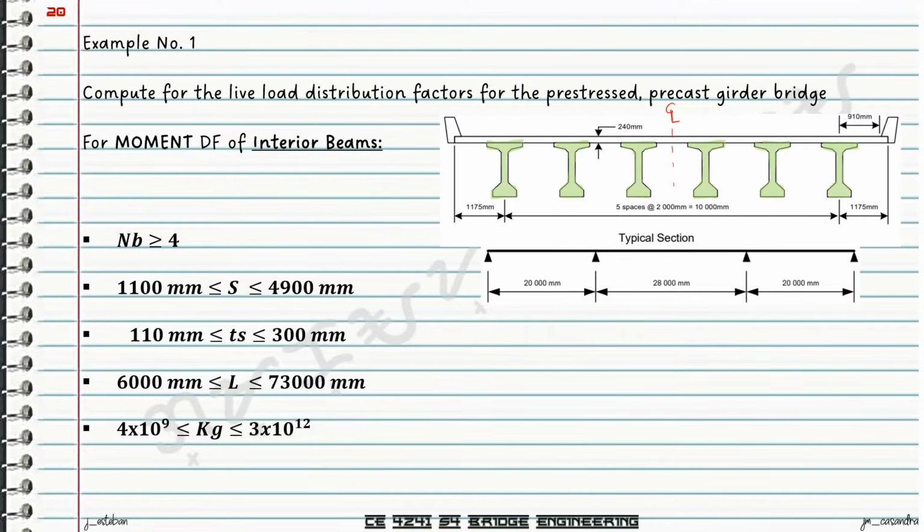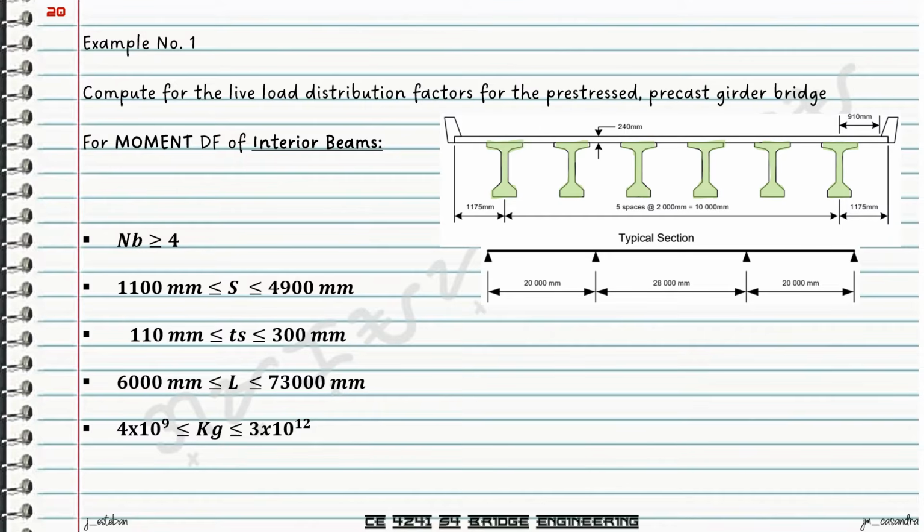There are 5 spaces between your stringers. So 1, 2, 3, 4, 5 spaces. Basically, it would mean that we have 1, 2, 3, 4, 5, 6 stringers.